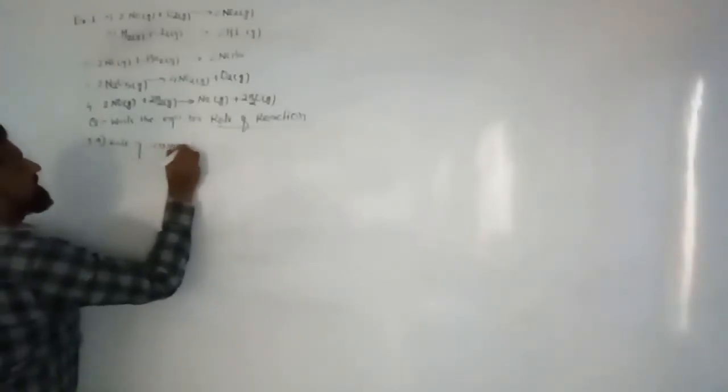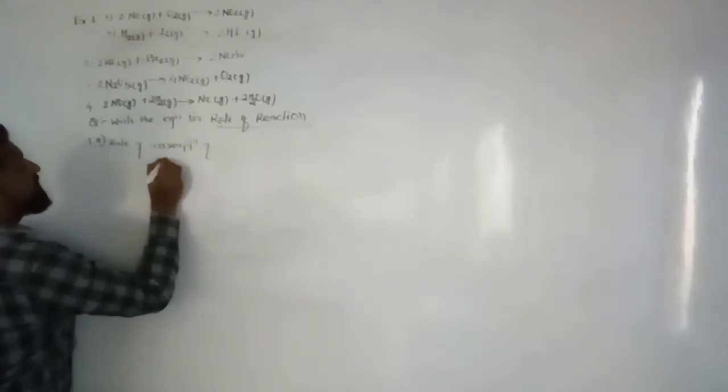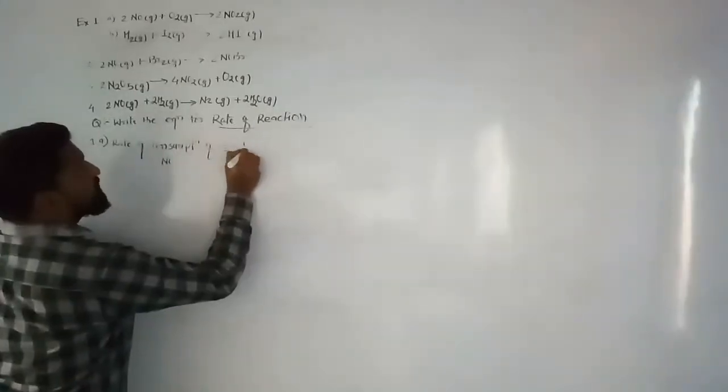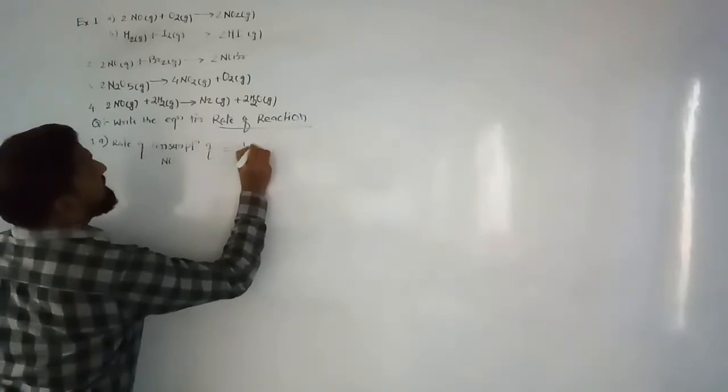So see here, let us write the rate of reactant consumption. Rate of consumption of NO will be equal to minus 1 by 2 d[NO] upon dt.